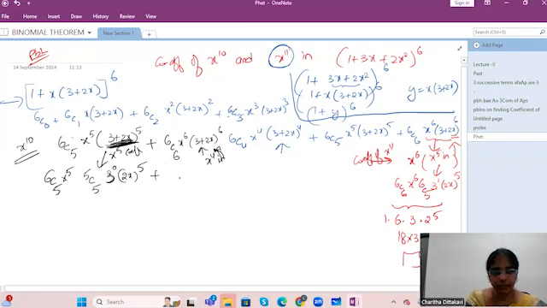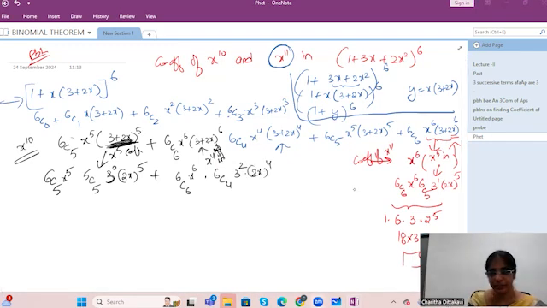Plus, I anyhow have 6c6 into x power 6 and I want the x power 4 expansion in that. That is 6c4, 3 power 6 minus 4 into (2x) to the power 4 is what I need there. That's it, right? Clear?